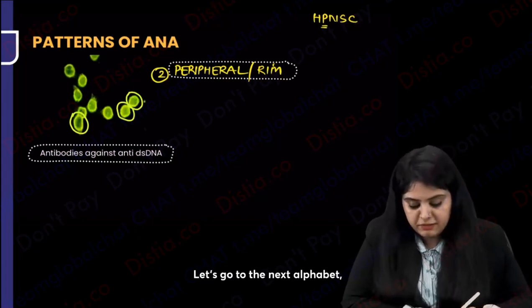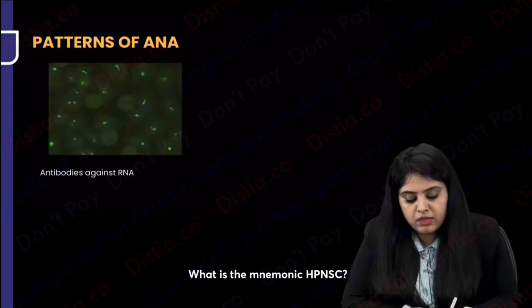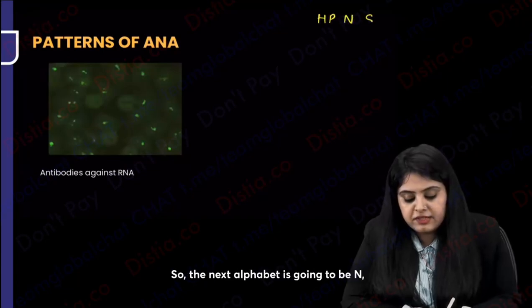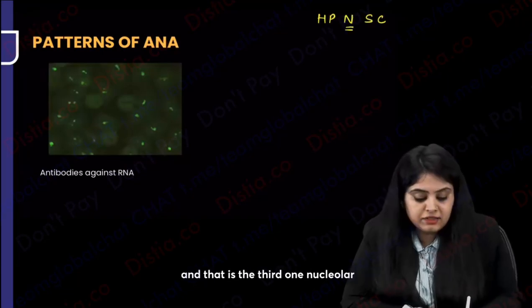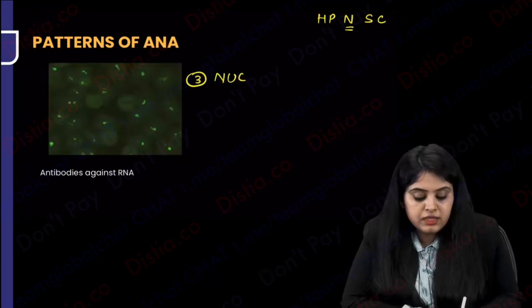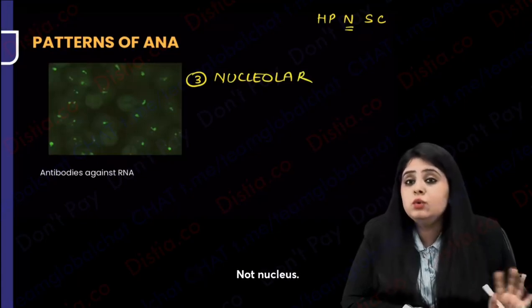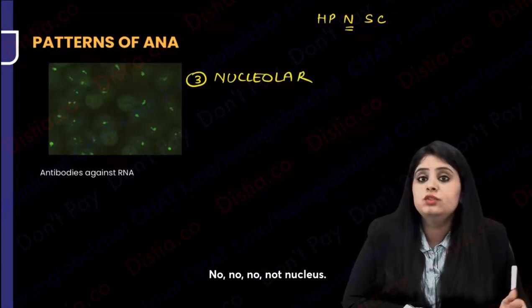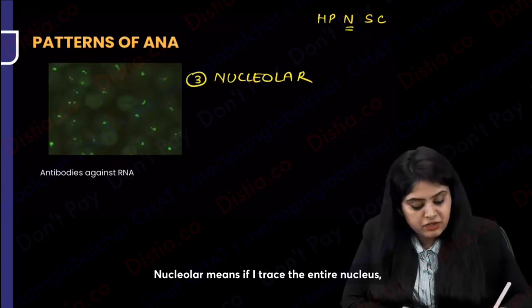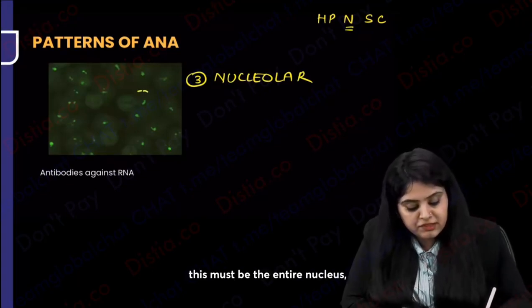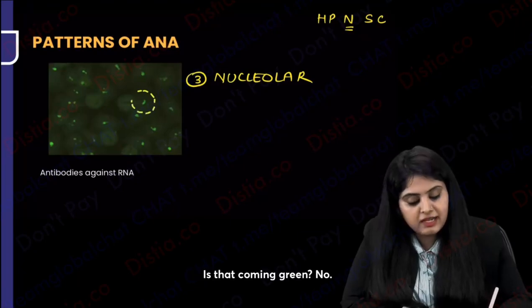Let's go to the next alphabet. The next alphabet in the mnemonic HAPPENS is N, and that is the third one, nucleolar. Firstly, you need to understand what nucleolar is, not nucleus. Nucleolar means if I trace the entire nucleus, is that coming green?